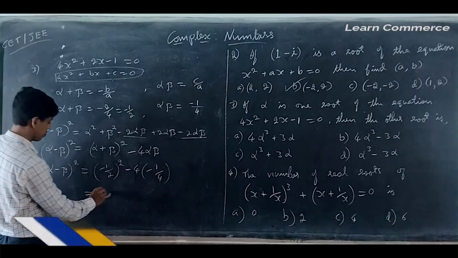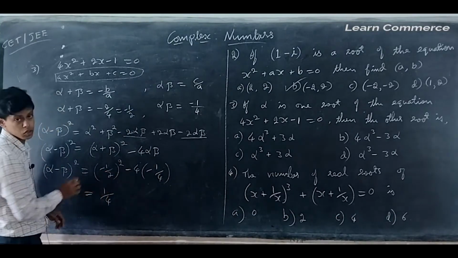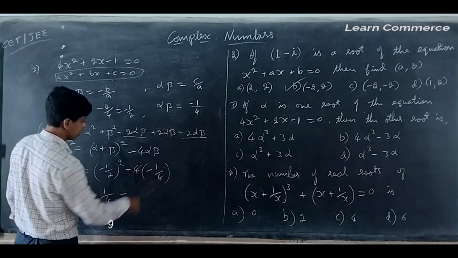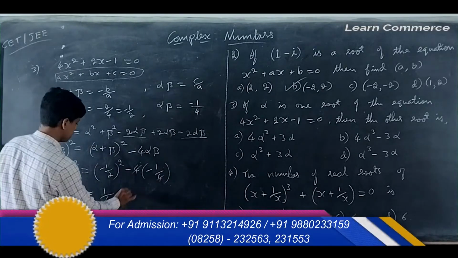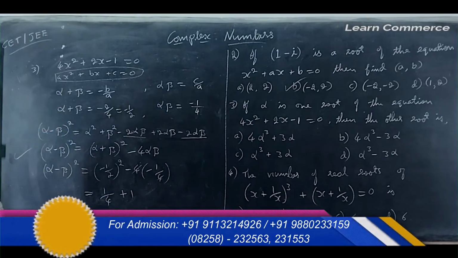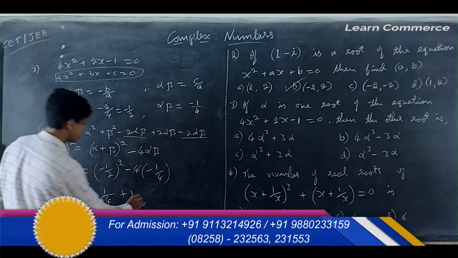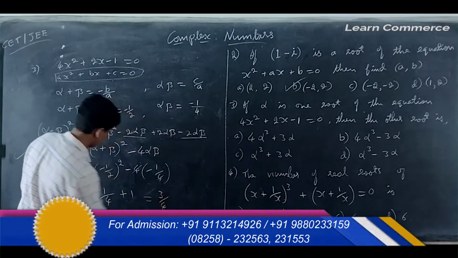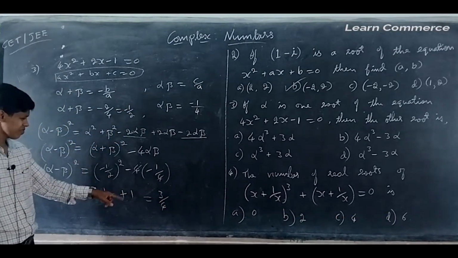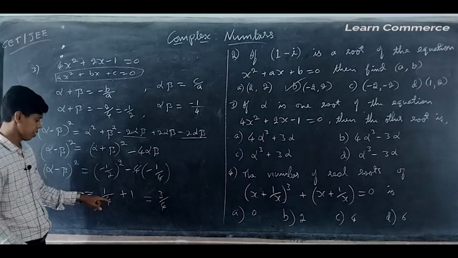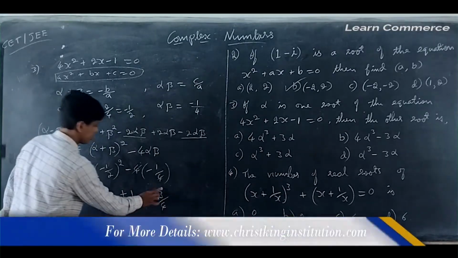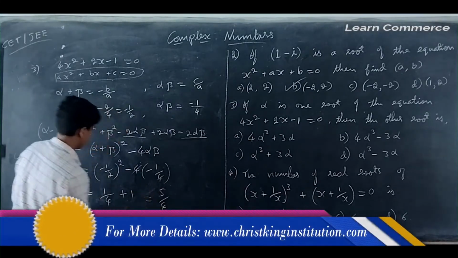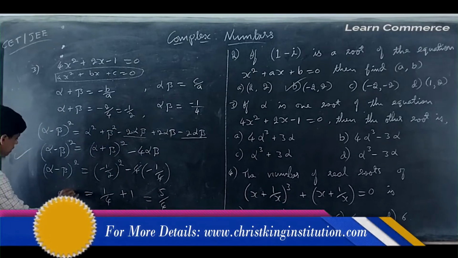Minus and square will be plus, and 4 because 2 square, and here 4 cancels, minus into minus is plus 1. So what is it? 1 plus 1 by 4, no, I'm sorry, 5 by 4. So 4 plus 1, correct. So that is 5 by 4, and it is alpha minus beta the whole square.